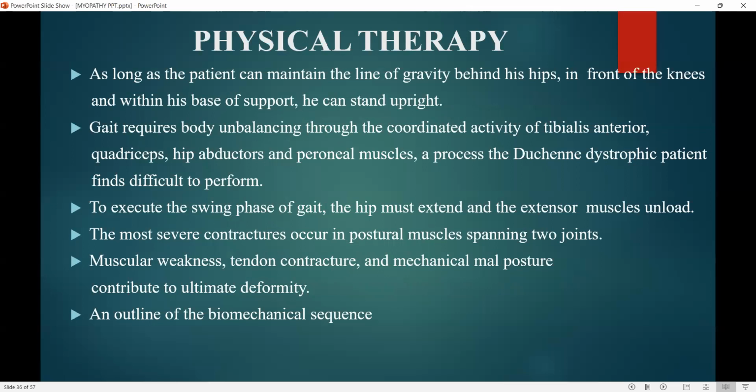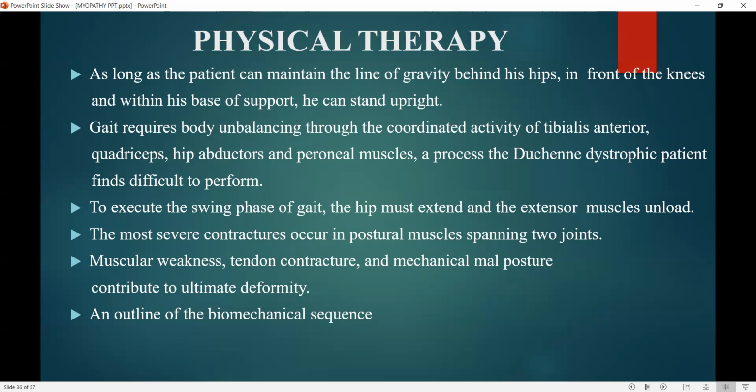Now comes the physical therapy. As long as the patient can maintain the line of gravity behind the hips and in front of the knees, and within the base of support, he can stand upright.